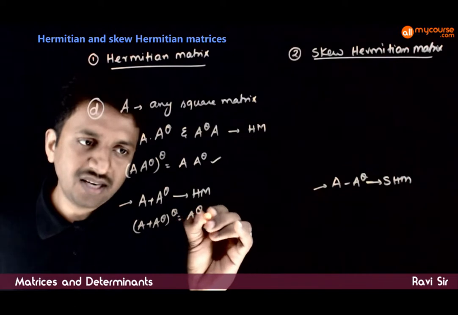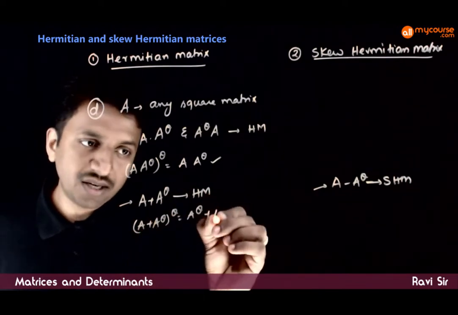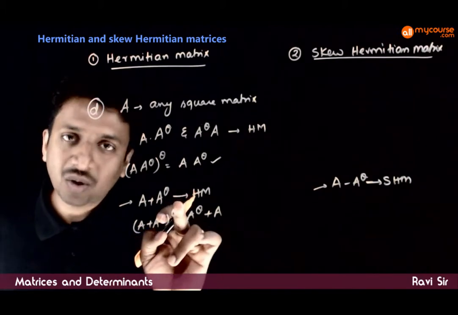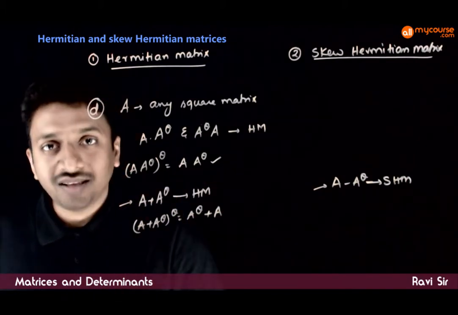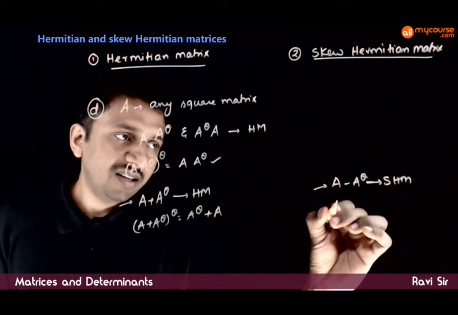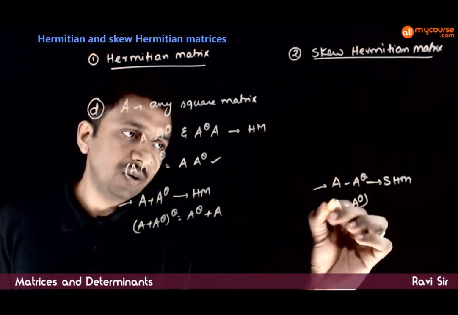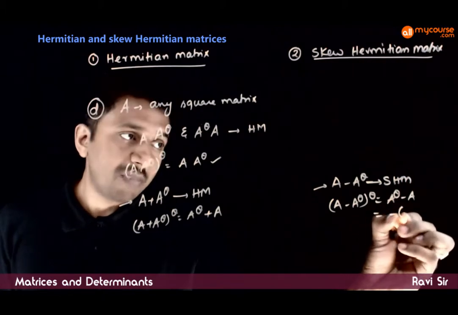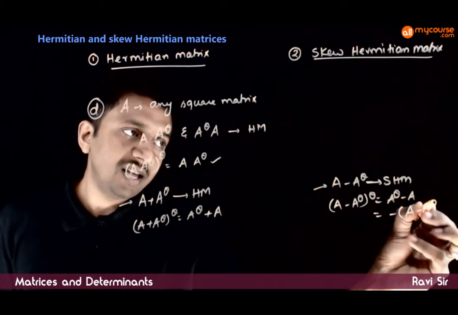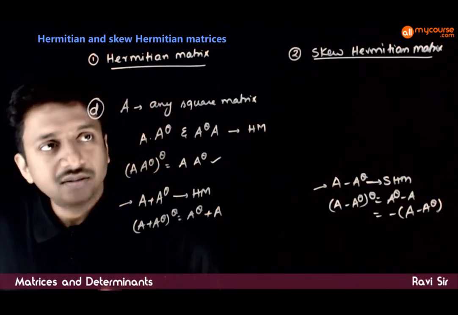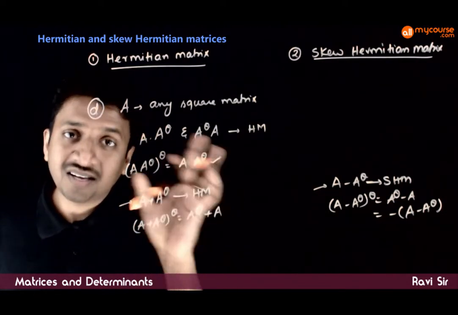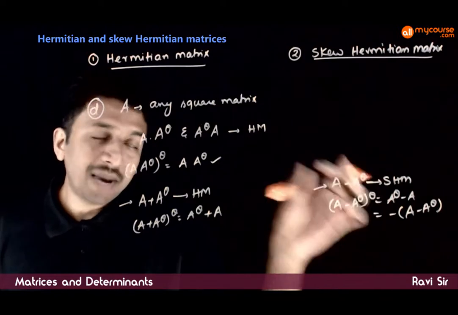This is the same as A theta plus (A theta) whole theta, which is A. So (A plus A theta) whole theta is again equal to A theta plus A. Similarly, (A minus A theta) whole theta is equal to A theta minus A, which is minus of (A minus A theta).